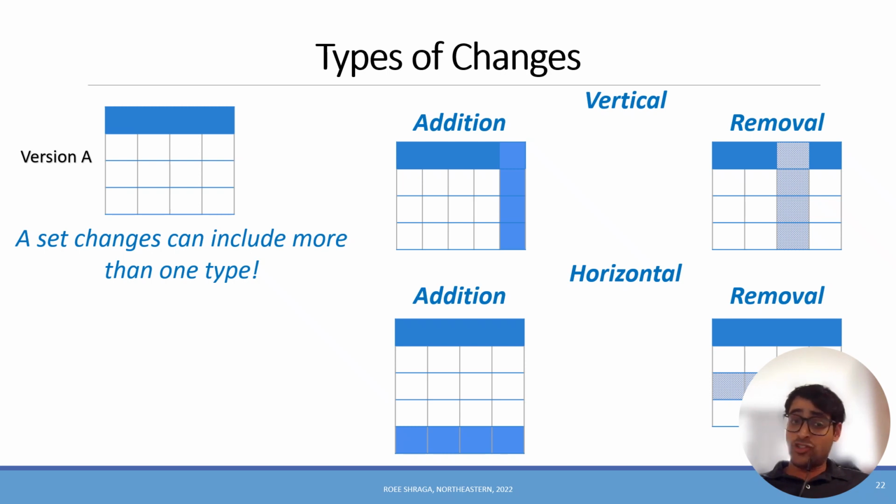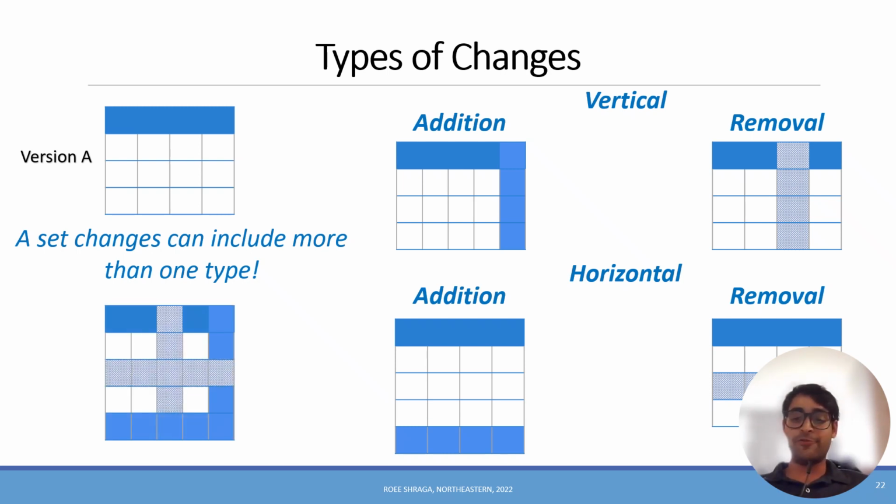Note that changes can be more than one type. For example, if we look at this version here, that is very common in the data that we work with, it introduces every type of possible change that we consider, which makes everything far more challenging to the method.